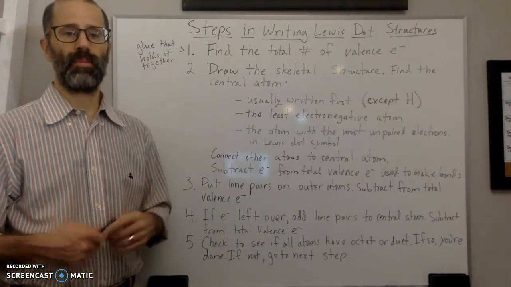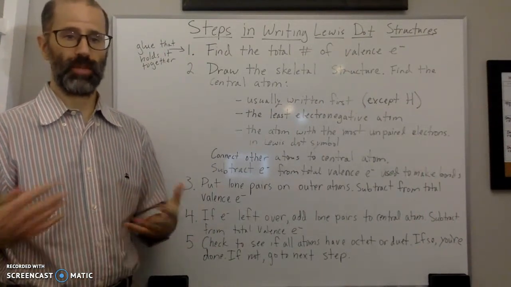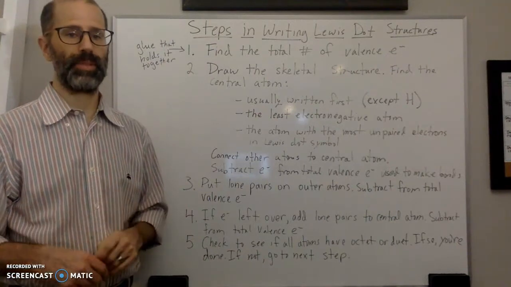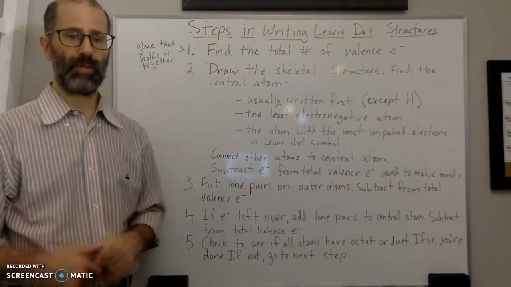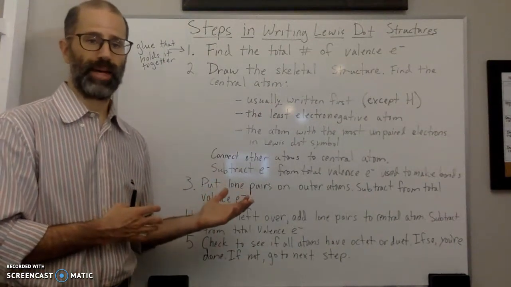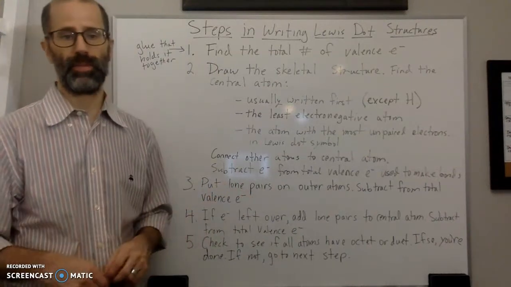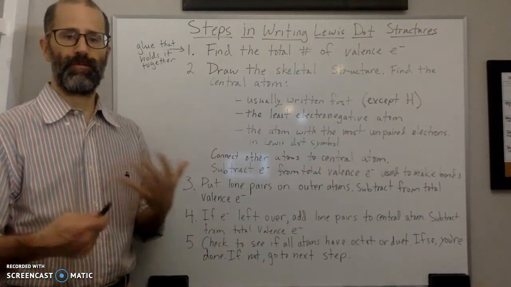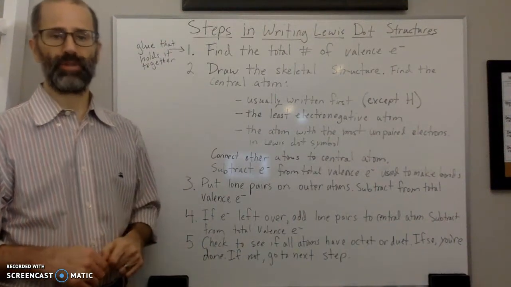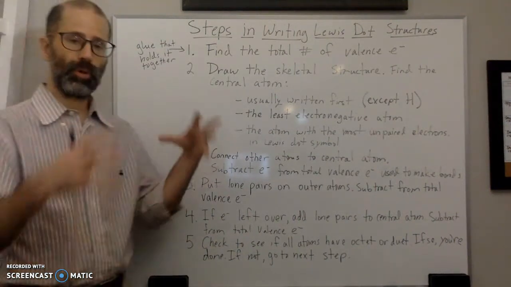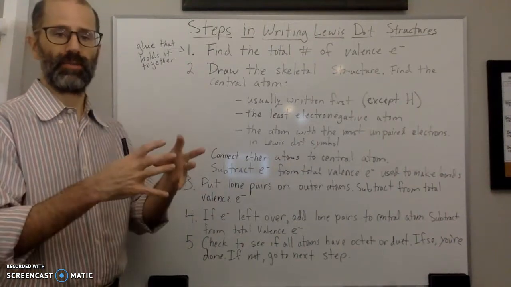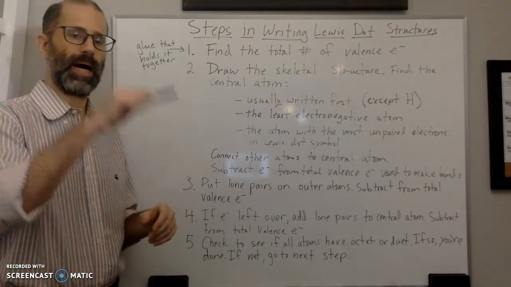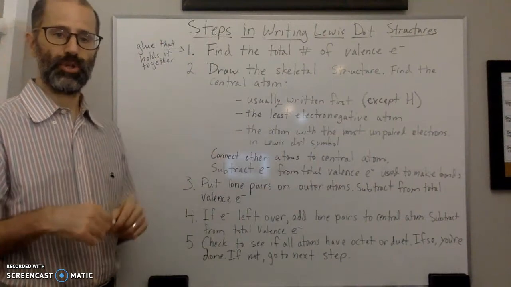So an atom with 4 unpaired electrons is probably going to be the central atom, compared to that atom that has only 3 or 2 unpaired electrons. So these are a few ways in which you can figure out which one is the central atom. And then once you figure that out, that one's going to be the first one, and then you bond the others to it.